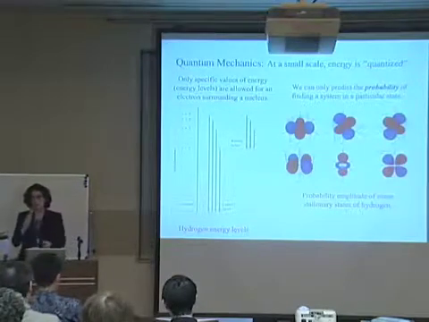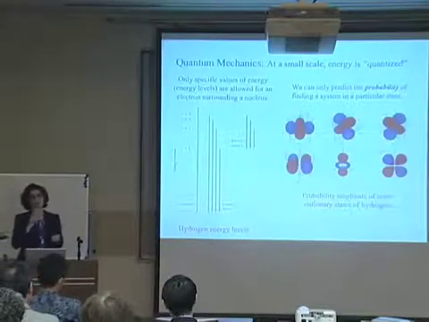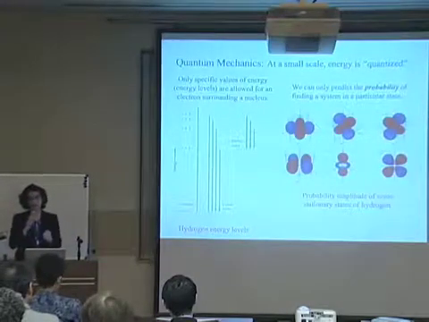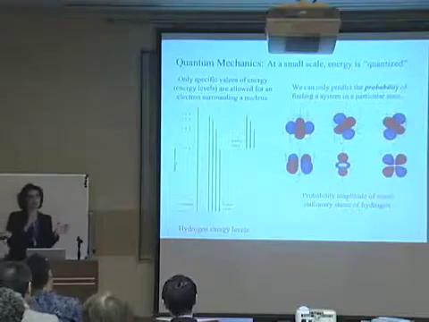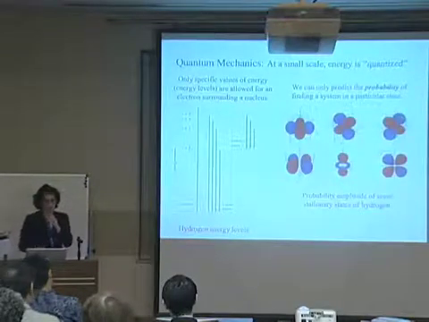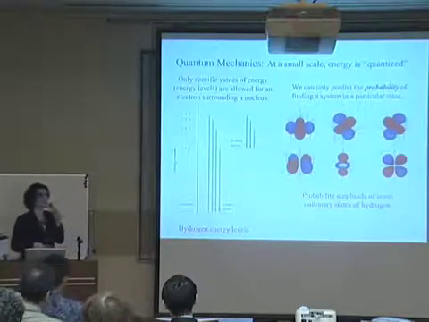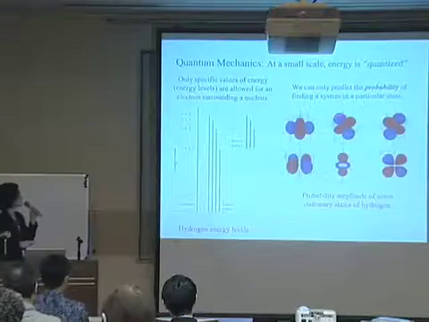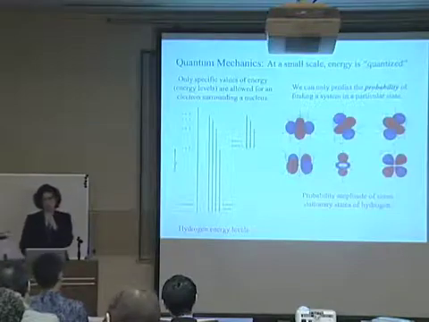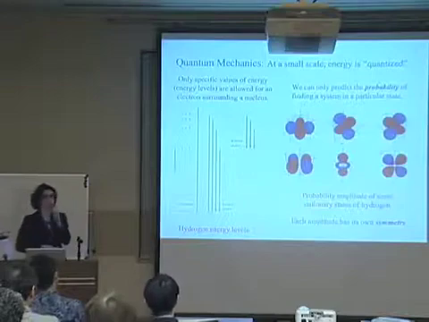Another characteristic of quantum mechanics is that we can only predict probabilities of finding systems in a particular state, right? So we cannot predict the outcome of an experiment with certainty anymore. Here are some probability amplitudes of stationary states of hydrogen. They could have different signs over space. They could be positive or negative, and that's what the blue and red represents. But what I'd like to point out is the symmetry they have.